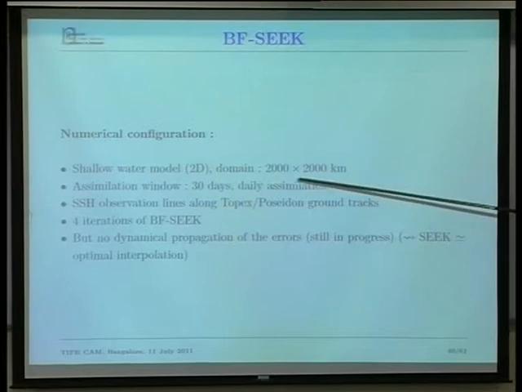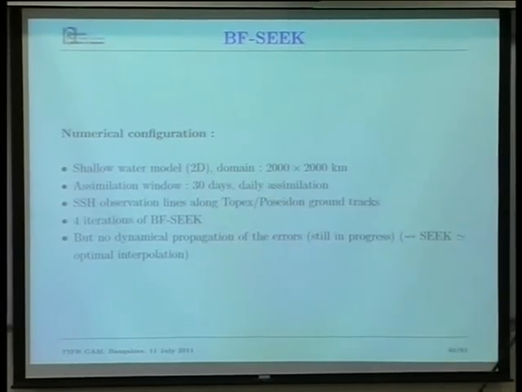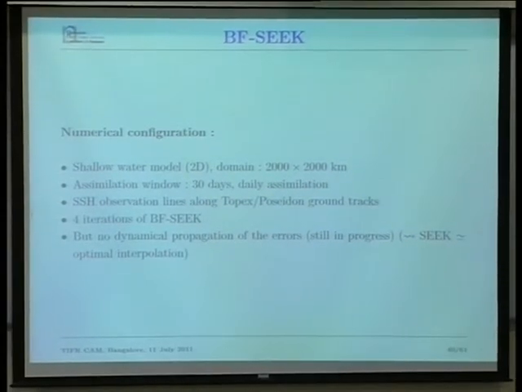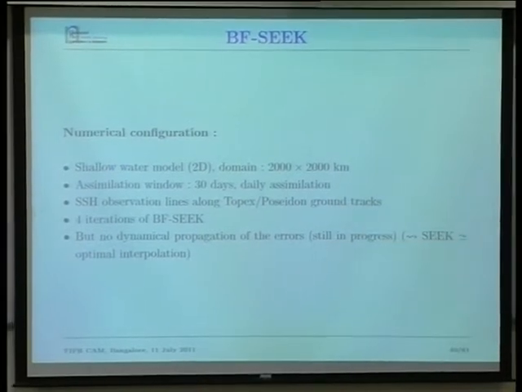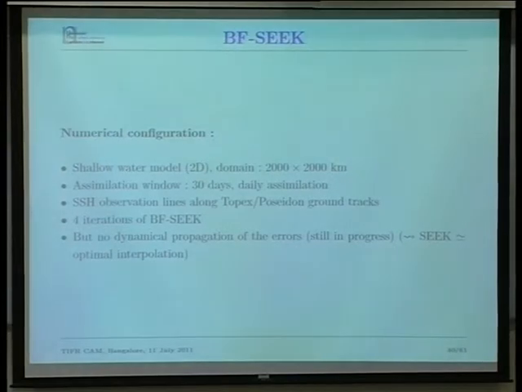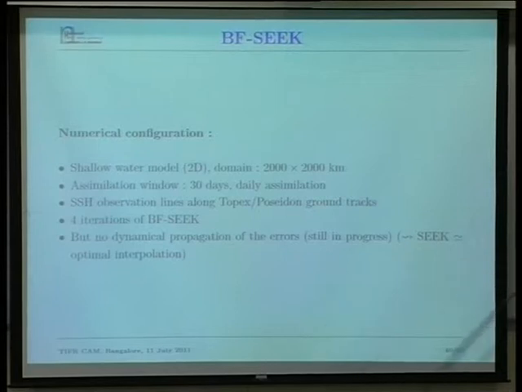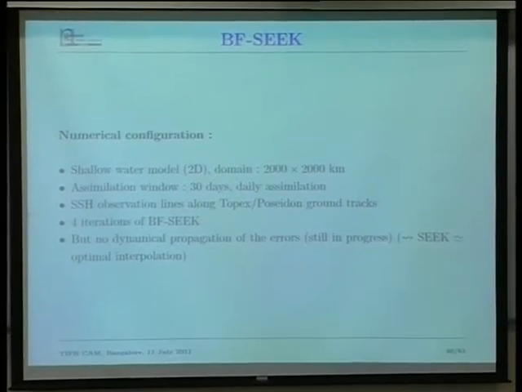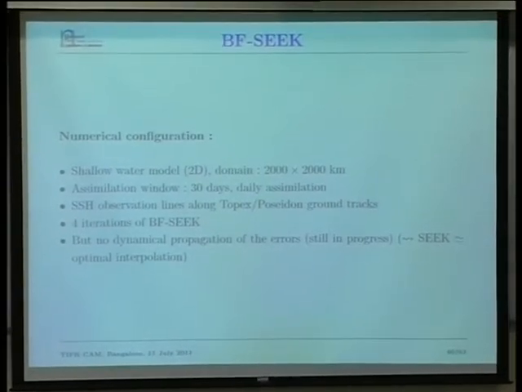It's almost the same. The assimilation window is 30 days. There's a daily assimilation of SSH along satellite tracks. So here there was no dynamical propagation of the errors, so it means that roughly the SEIK filter is some optimal interpolation.